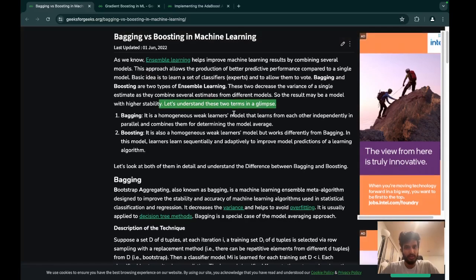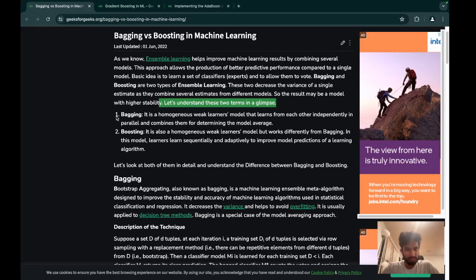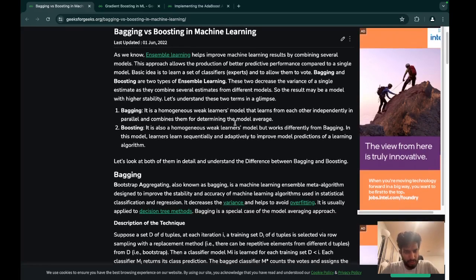Let's understand these two terms in a glimpse. Bagging is a homogeneous weak learners model that learns from each other independently in parallel and combines them for determining the model average.